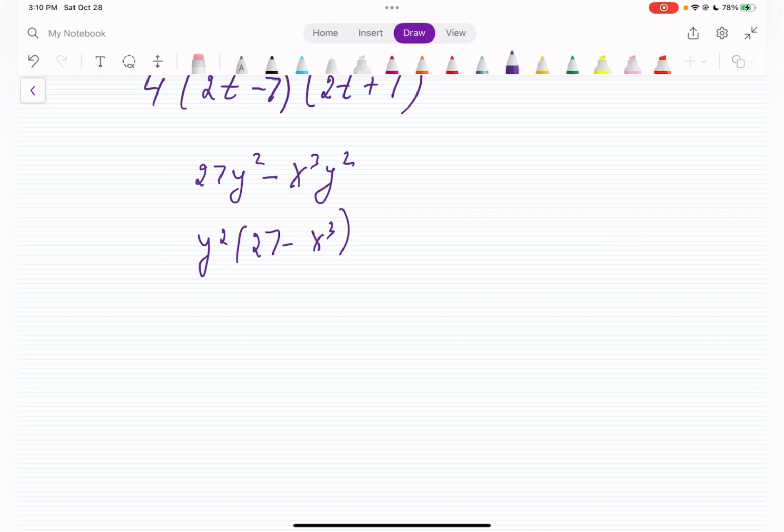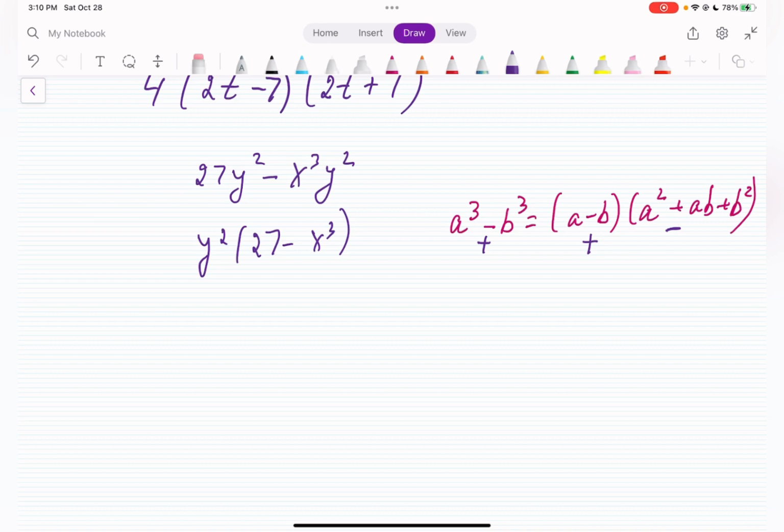Okay, difference of cubes, which means formula a cubed minus b cubed is equal to a minus b, a squared plus ab plus b squared. And if I have a plus b, this is going to be a plus b, and this piece is going to be minus here.